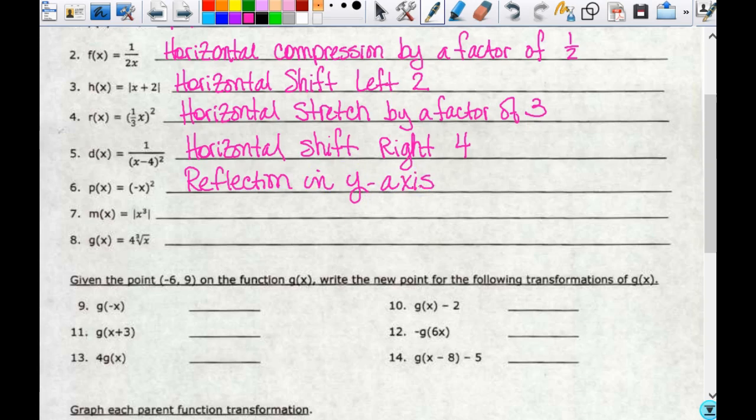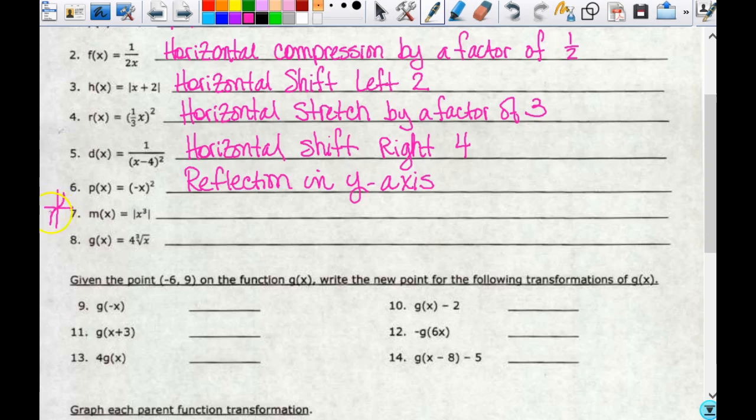Okay. So this is not the absolute value parent function. This is a cubic. All right, so we have to remember our rules for the absolute value transformation. So your cubic looks like this. Right? So the rule for your absolute value is that you're going to throw away everything where x is less than 0.